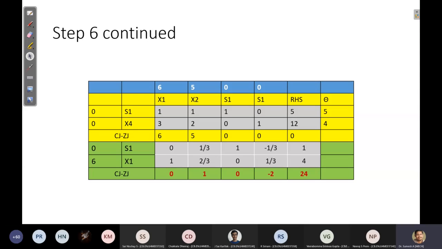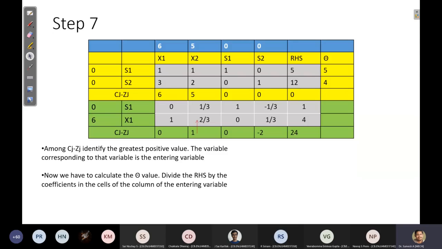Correct. Which one we will select? Which is my key column now? X2, sir. Yeah, correct. X2.